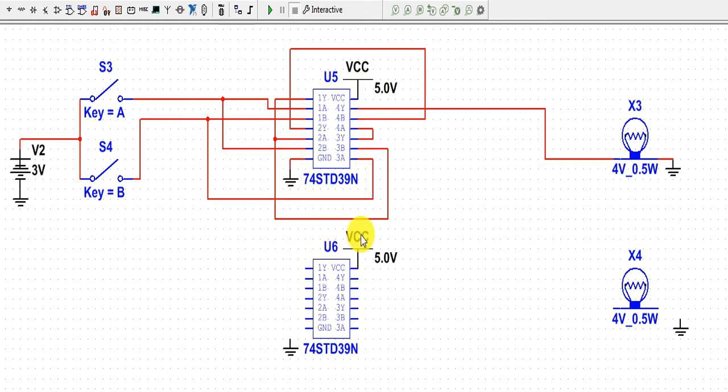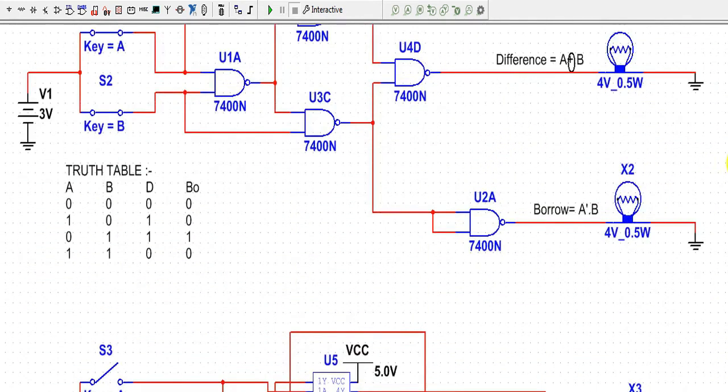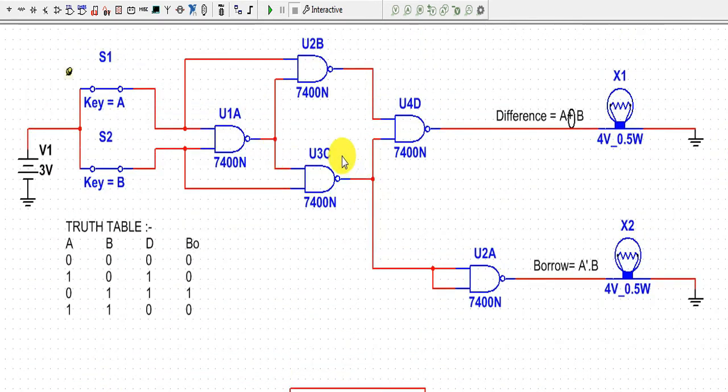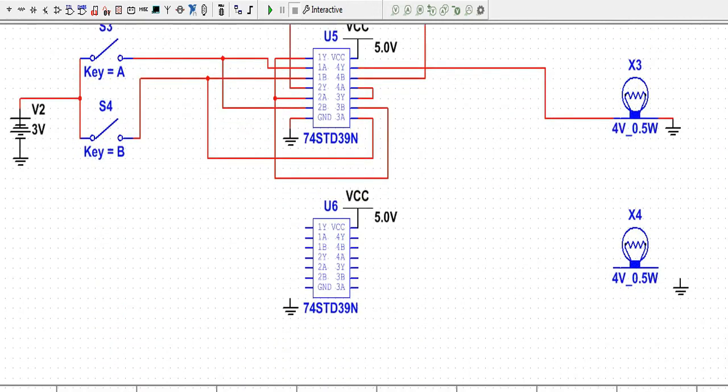Now for the borrow bit, we will take a common input, as shown in the above diagram, from the output of the third NAND gate, and feed it to one of the terminals of a NAND gate of the second IC. So this is the output of the third NAND gate.